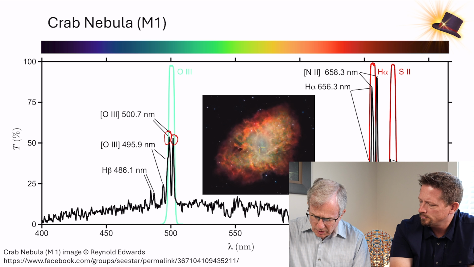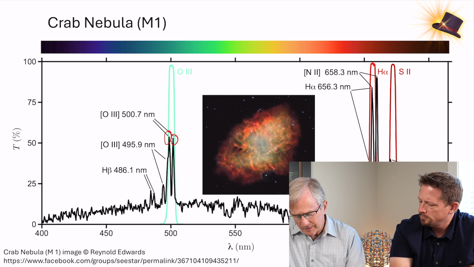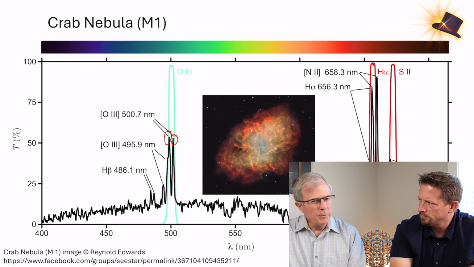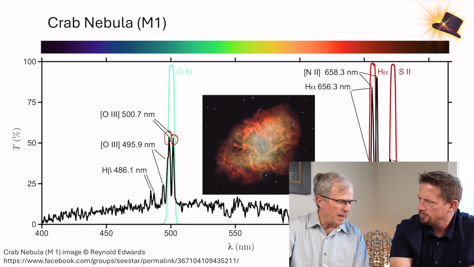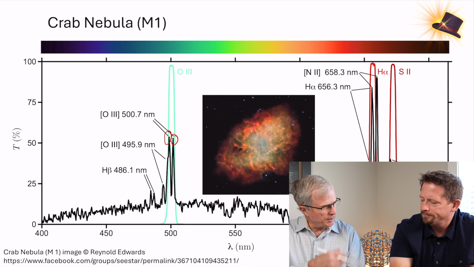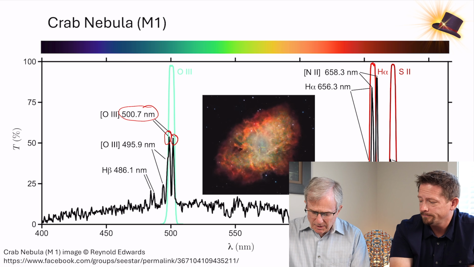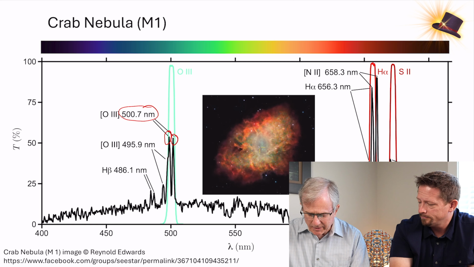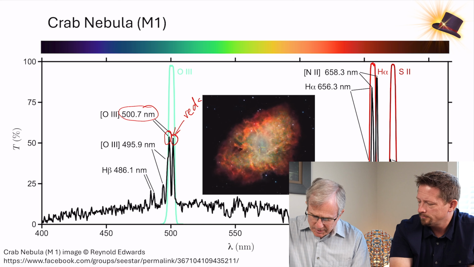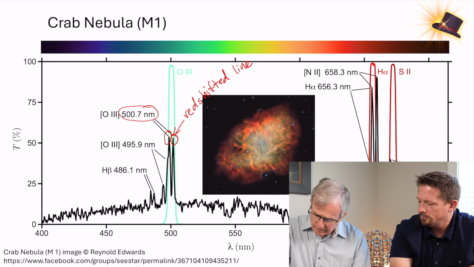There's two peaks for the forbidden doubly ionized oxygen line, where there should have been one. This one should have been 500.7 nanometers, but there's one that's a little higher than it, and that's called a redshifted line. And then there's one a little bit lower than it, which is blueshifted.